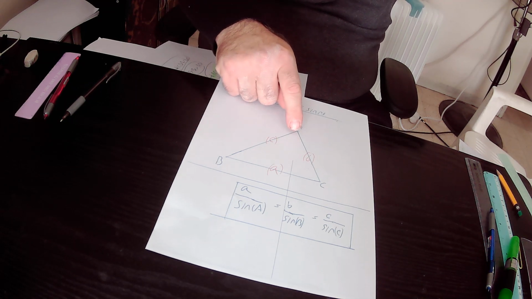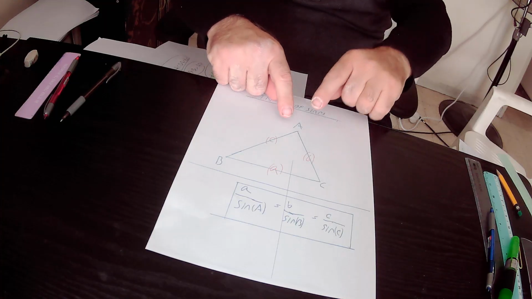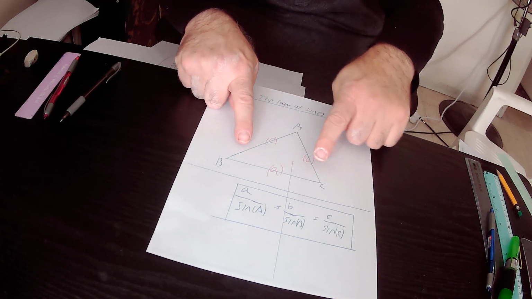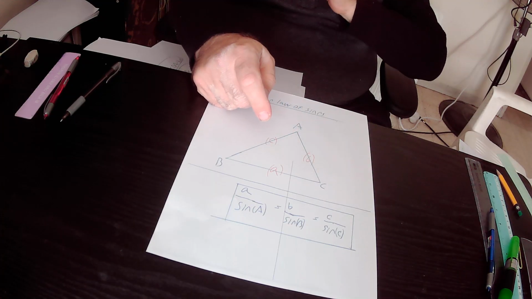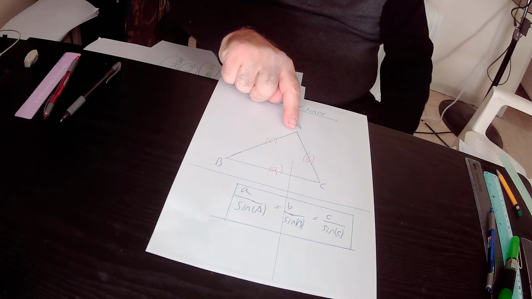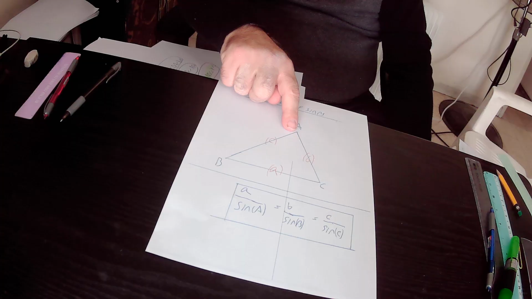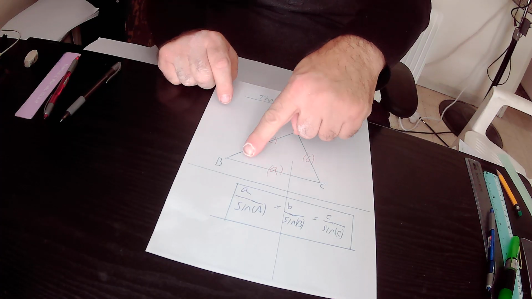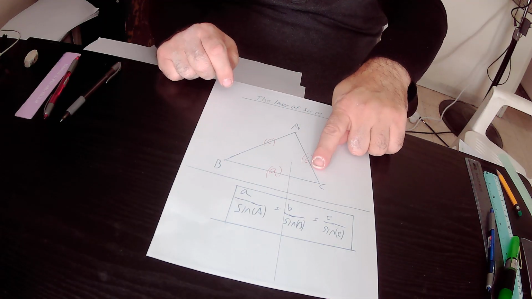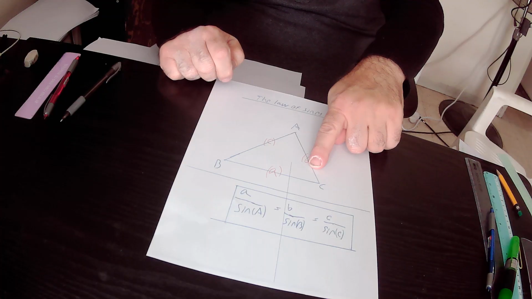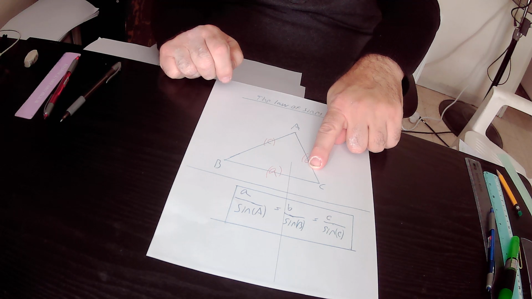A over sine A. Again, capital A, capital B, and capital C are the angles inside this triangle ABC. This is angle capital A, so angle BAC equals capital A. This is angle ABC, that equals capital B degrees in its size. This is angle ACB, that equals capital C degrees in its size, according to our definition.